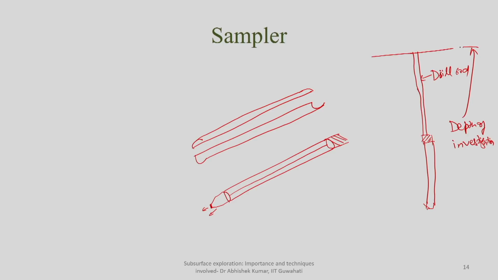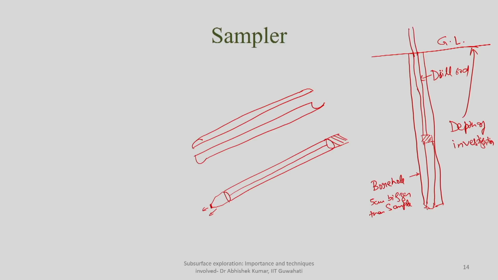This is ground level, and this is your bore hole, which, as I suggested earlier also, is at least 5 centimeter bigger in diameter than the sampler. So this is about what is happening below the surface.